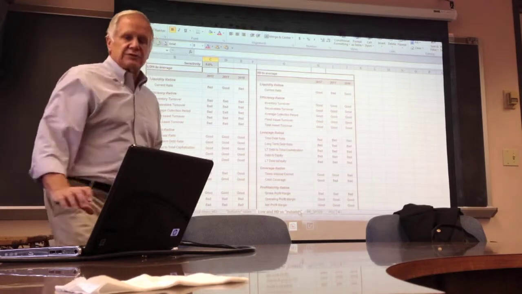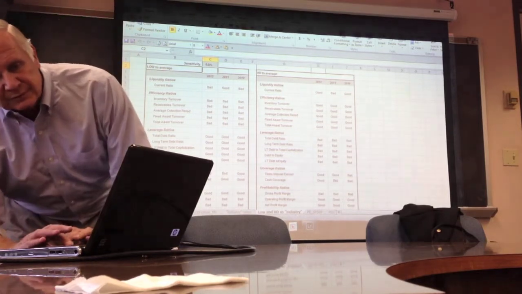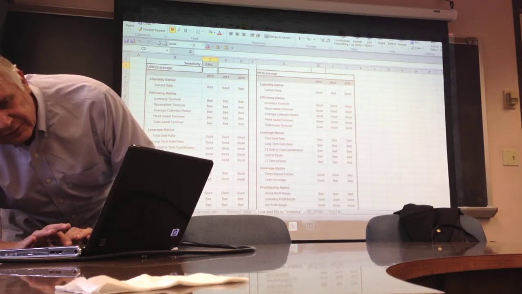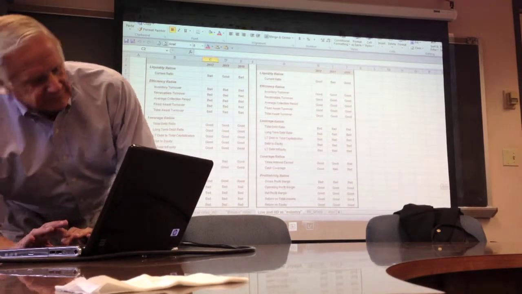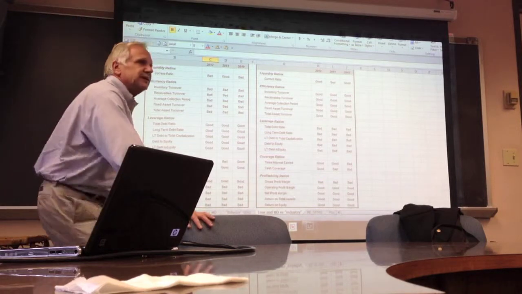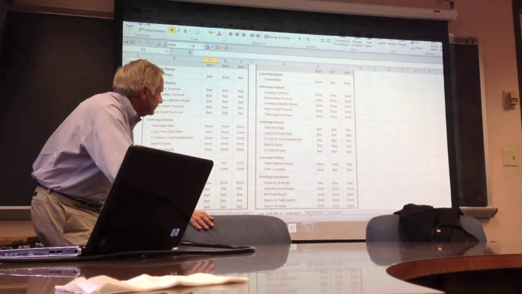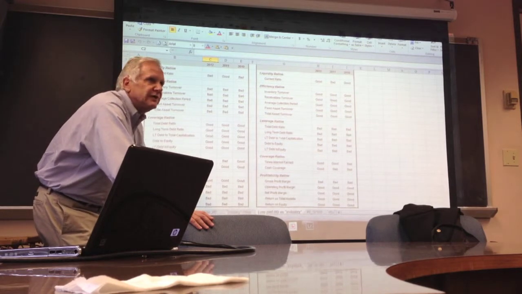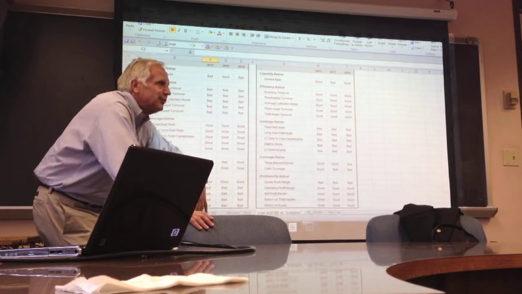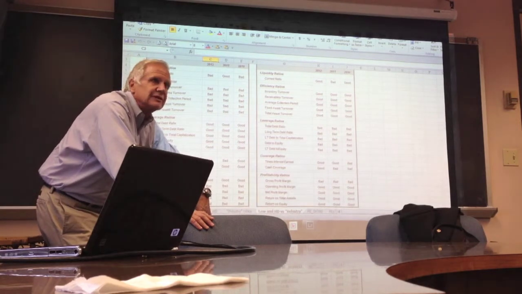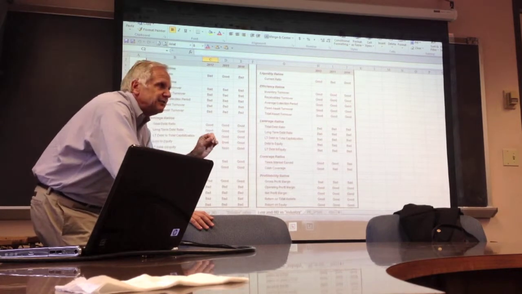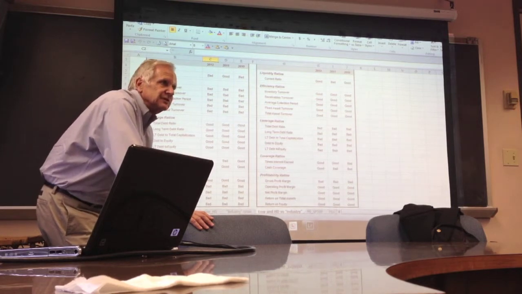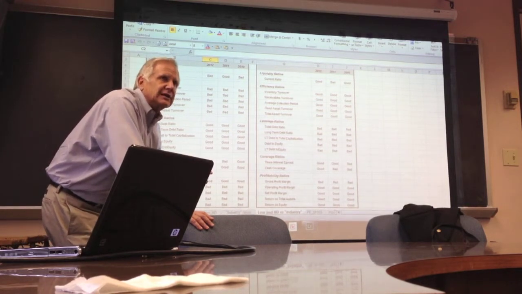Then the final thing that you want to look at here, it's always difficult to see with this light, are these profitability ratios. Because if you see one company produces less profits than the other, you'd like the one that produces more profits. Or if you see that a company's profitability is going down over time, you've got to ask what's going on there, okay?